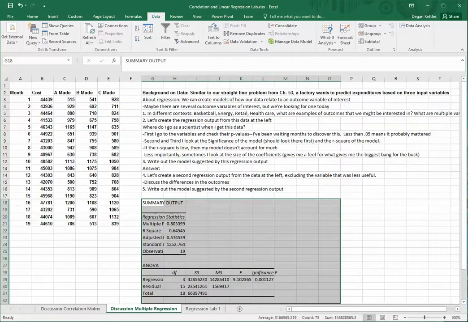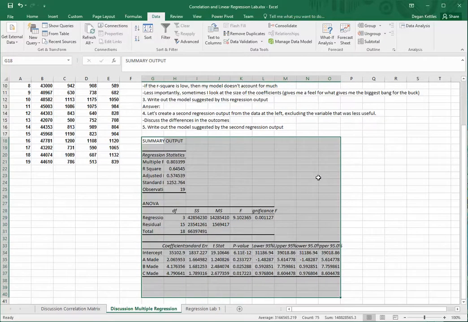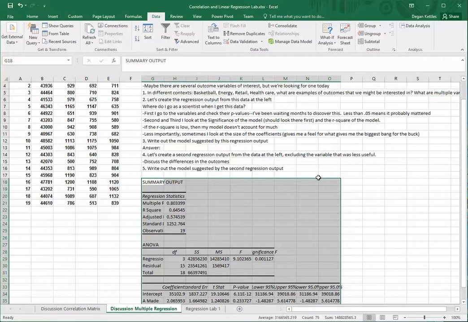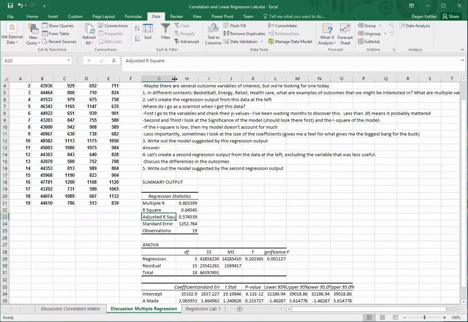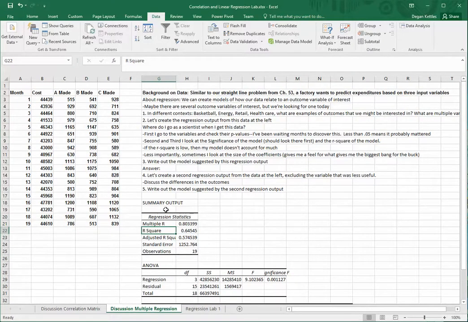Alright, so here's the outcome of the analysis. There are a few different things that I would be looking for generally as a scientist. One of them is the R-square or the adjusted R-square, and either of these is an indication of to what degree our model, meaning the input variables I selected, reflects the changes in the outcome, how these variables are correlated to this outcome here.